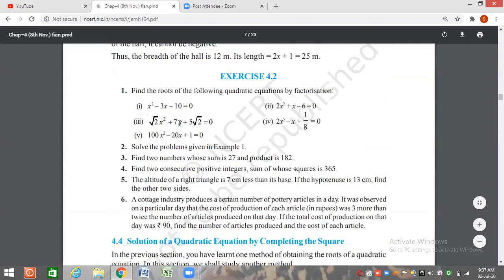Yes, Exercise 4.2, factorization method.